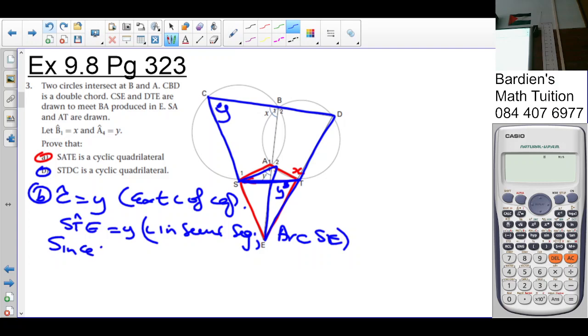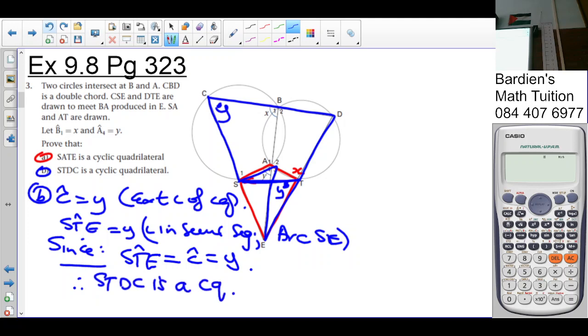So STE is equal to angle C, which is equal to Y. Therefore, STDC is a cyclic quad. Why? The exterior angle is equal to the interior opposite.